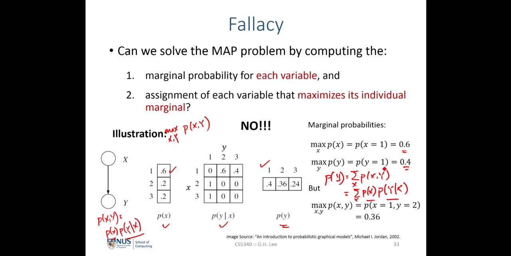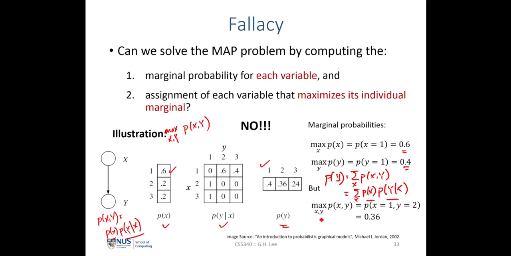Interestingly, we'll see that the states over here, as well as the maximal probability of this marginal distribution that we have seen, are actually different from the maximal probability over the joint distribution.